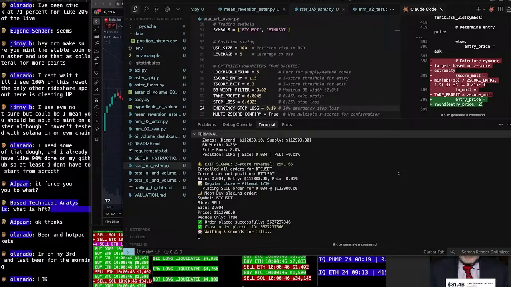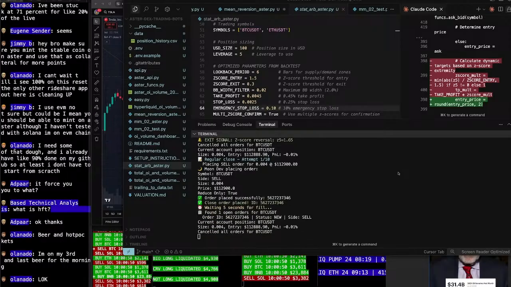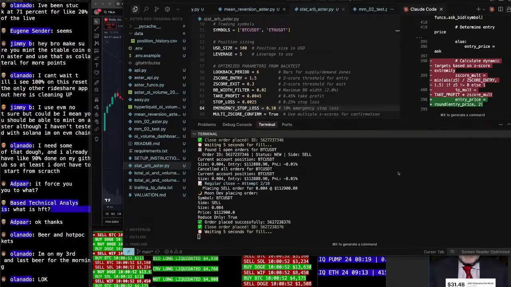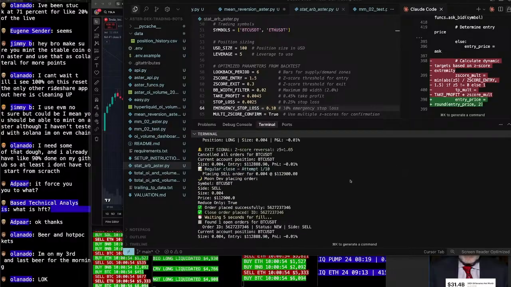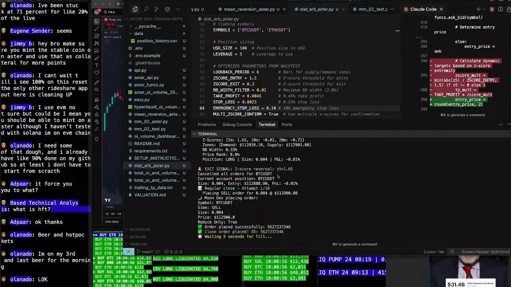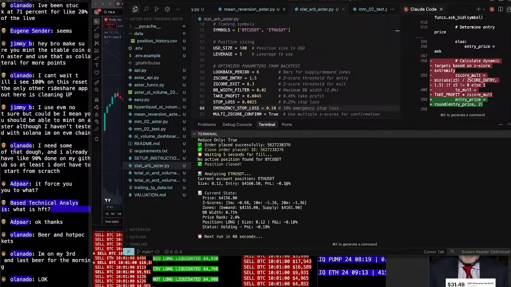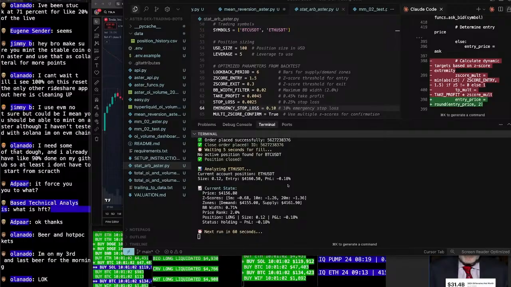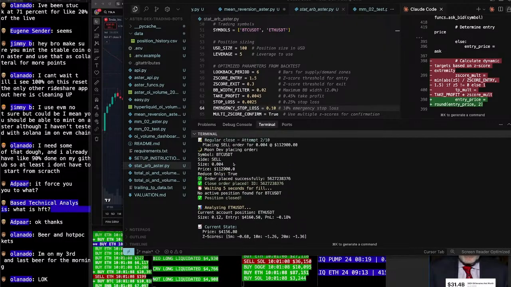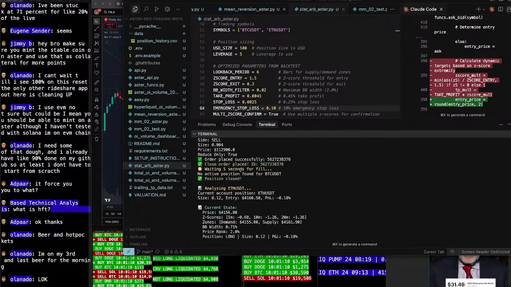Waiting to fill. So I wonder why. Exit signal, Z-score. Next run is 60 seconds. It did not close the ETH. So P&L here. So it closed the BTC. It did not close the ETH.